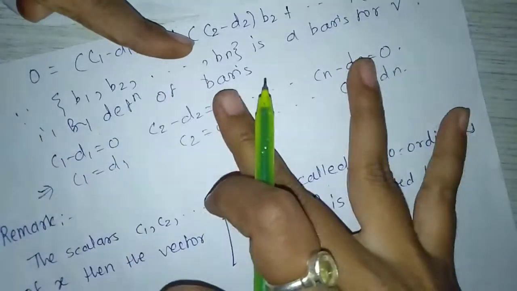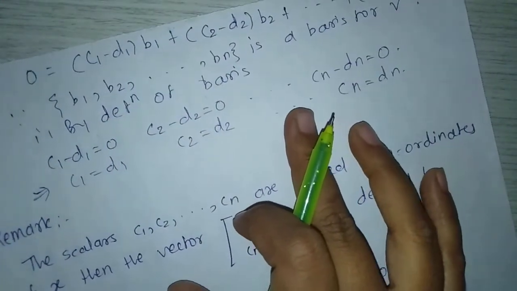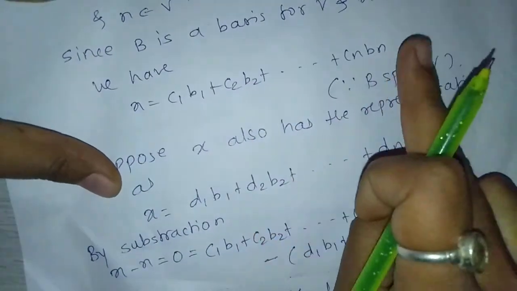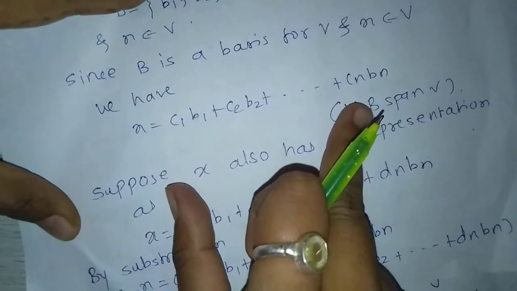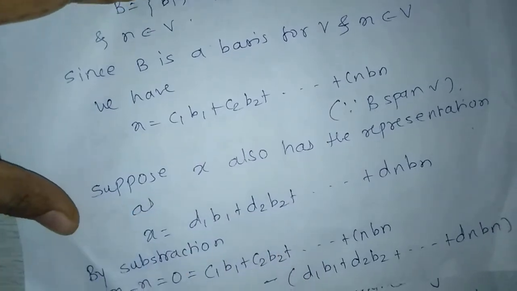When we solve the above terms, C1 equals D1, C2 equals D2 and so on Cn equals Dn, which means X has a unique representation C1 B1 plus C2 B2 plus and so on plus Cn Bn.